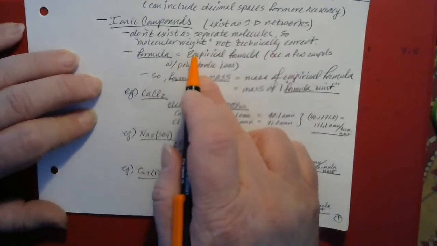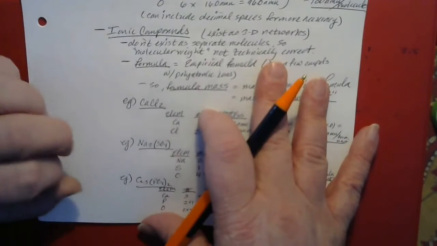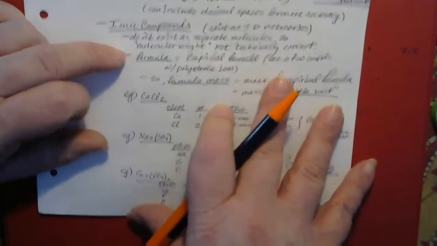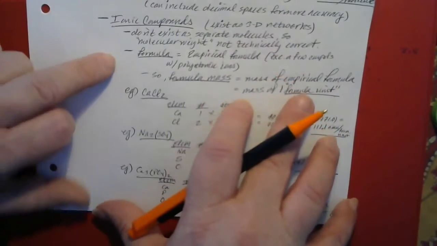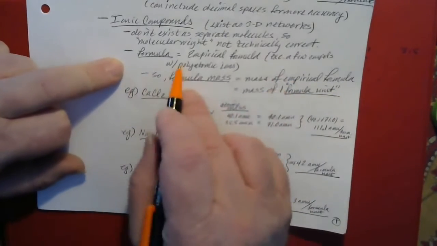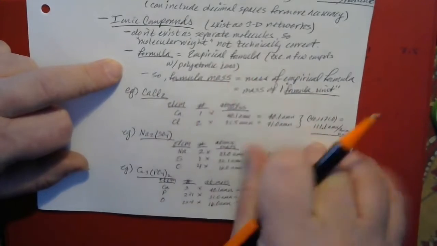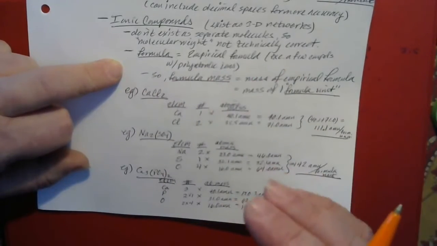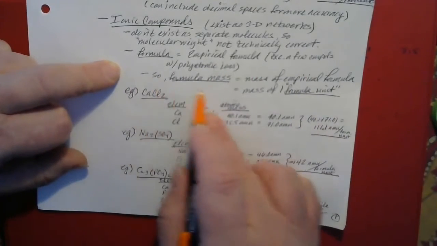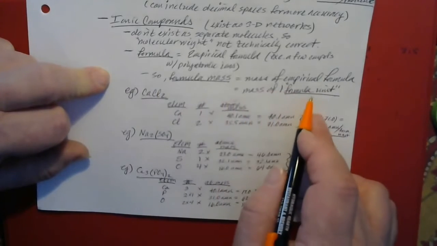So what we have to do is come up with our so-called molecular weight, or say formula mass, which will be just the mass of the atoms present in each formula unit of the compound. And the formula is basically the empirical formula, or the lowest whole number ratio of the cation to the anion. So the formula mass is just the mass of the empirical formula, or the mass of one formula unit of the compound.